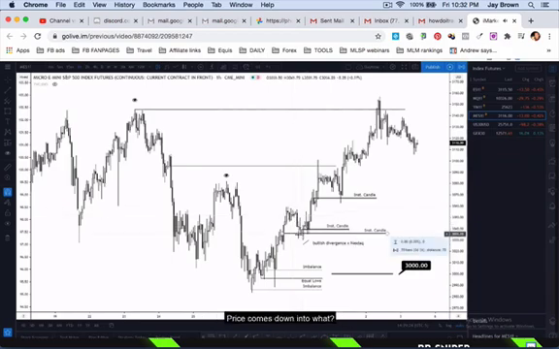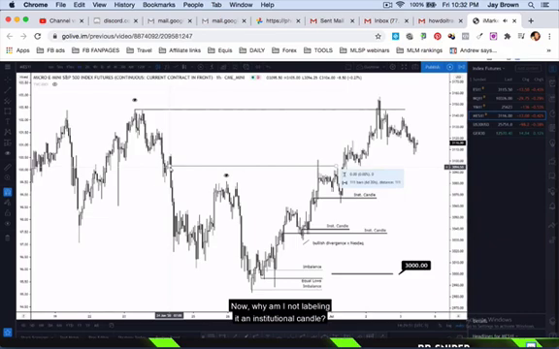Price comes down into what? Institutional candle. Right? Price creates an additional institutional candle here, as well as a divergence with NASDAQ. Boom. Market sets the low, rallies up to this candle here. Now, why am I not labeling it an institutional candle?